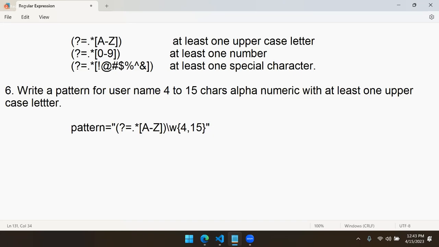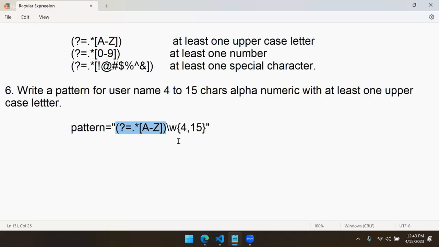But if you don't type lowercase, it's okay. You don't type uppercase, it's okay. But what this indicates is, uppercase is compulsory. At least one letter should be uppercase, compulsory. Otherwise, it will not allow.